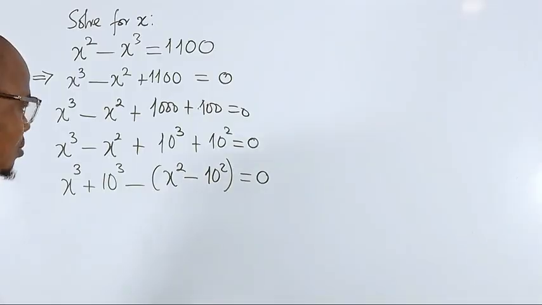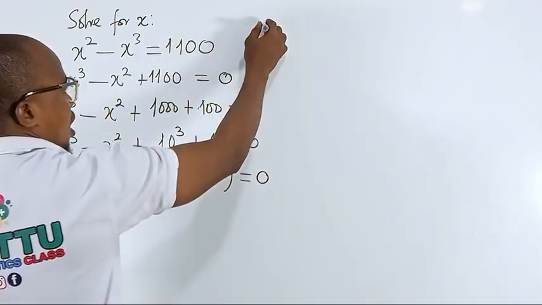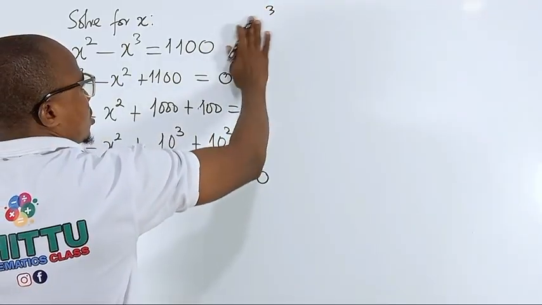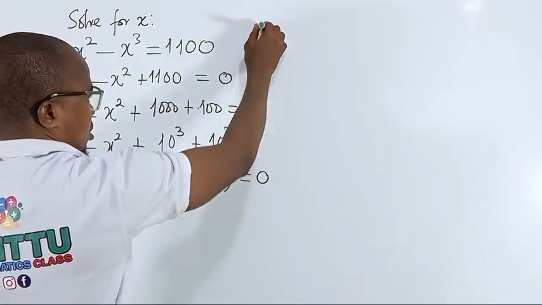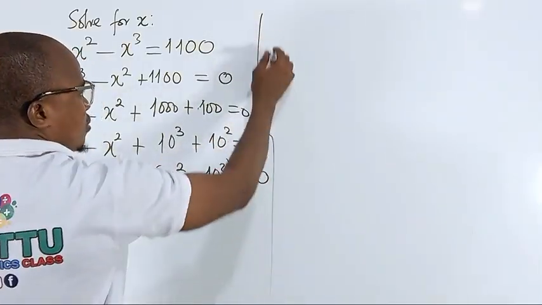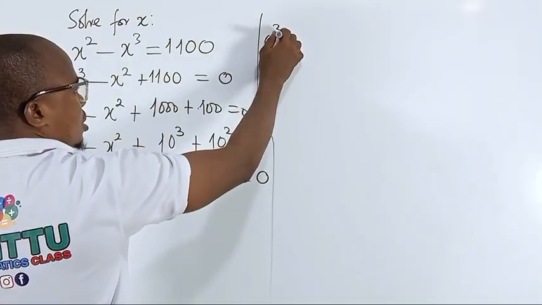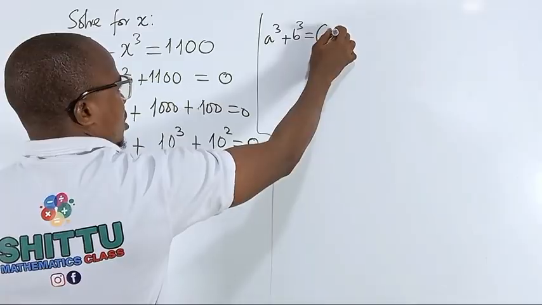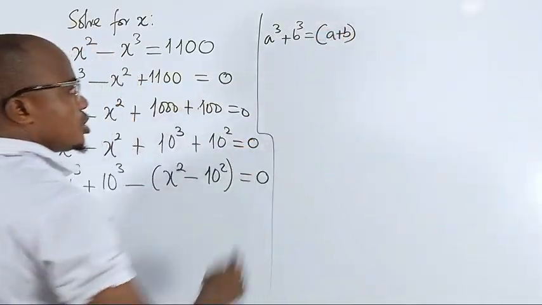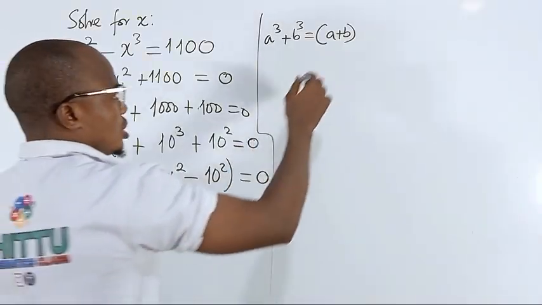So if you remember, we have a to the power of 3 plus b to the power of 3. So this is going to be a plus b. Understood?